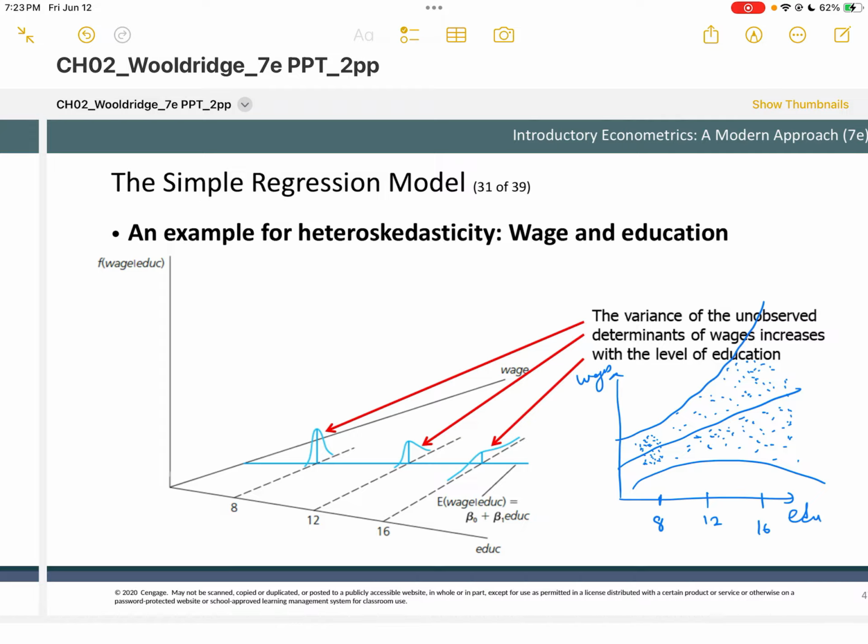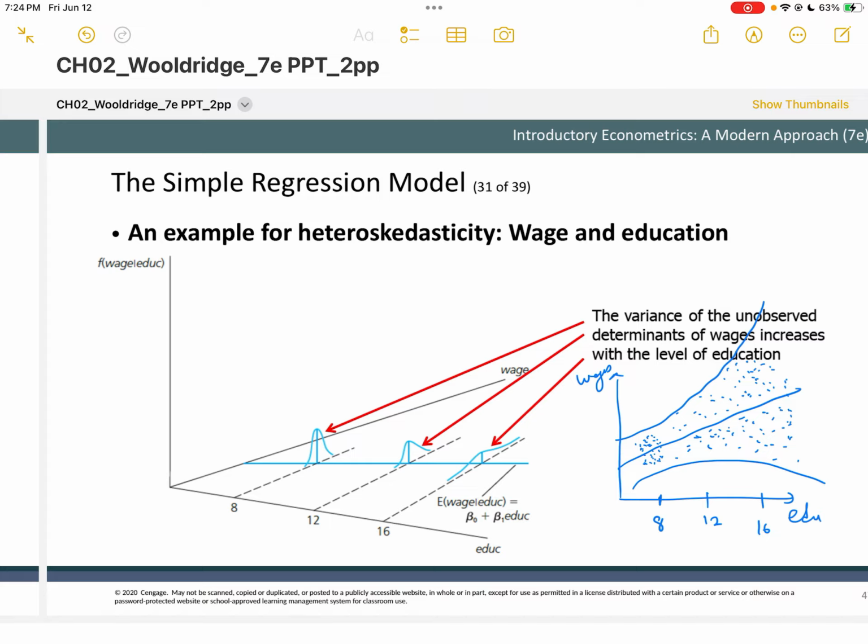Why? Well, you want to think about the unobserved determinants of wages. For lower levels of education, they are more likely the same, probably earning minimum wage, and the opportunities are low and few.